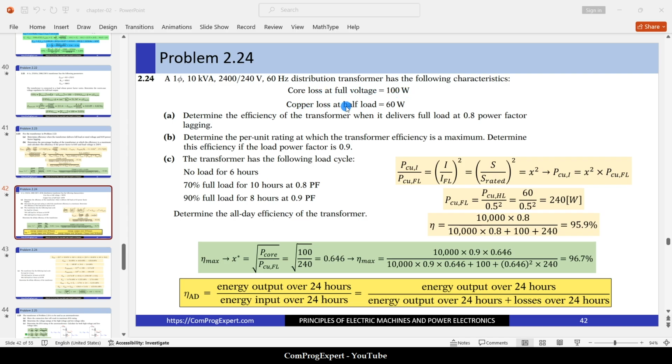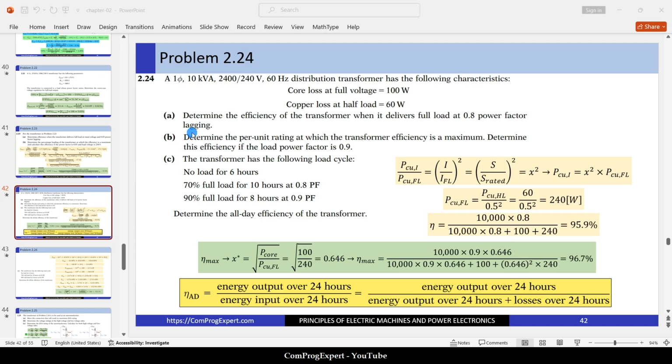Copper loss at half load is 60 watts. The copper loss is given for half load. Part A. Determine the efficiency of the transformer when it delivers full load at 0.8 power factor lagging.